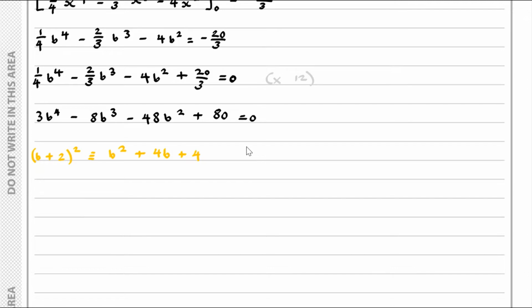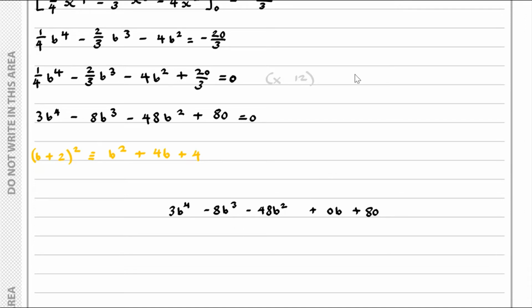And if we do that, we have the following. Let's think about a good way to write this. Well, we've got this 3b to the 4 minus 8b cubed minus 48b squared, and I'm just going to write in plus 0b plus 80.